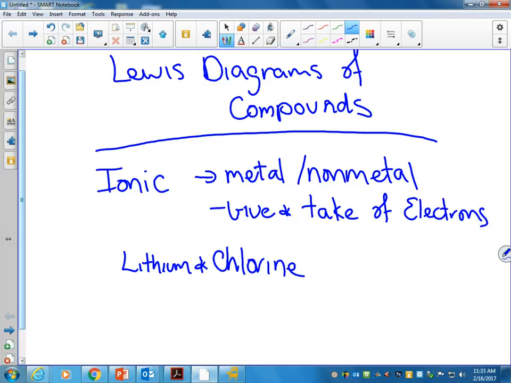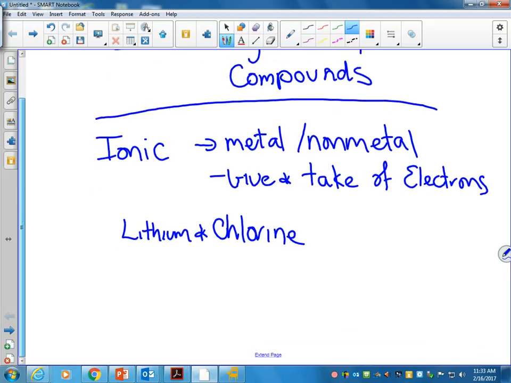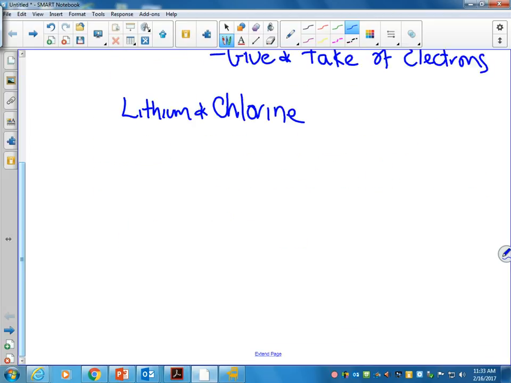What's your Lewis dot diagram of lithium? What does it look like? What's your Lewis dot diagram of chlorine? What does it look like? Okay, over on this side, what does the lithium Lewis dot diagram look like?